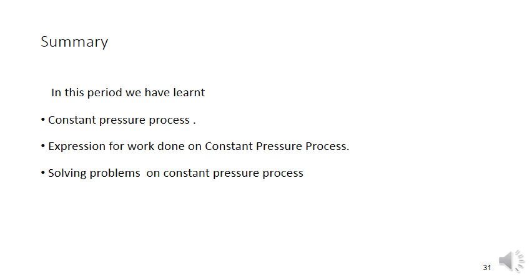In the heat supply process, the pressure and temperature increase, whereas when heat is rejected, the pressure and temperature decrease. This process is also called an isochoric or isometric process. Metric refers to meter cube, so volume units are meter cube. That's why we call it a constant volume or isometric process.